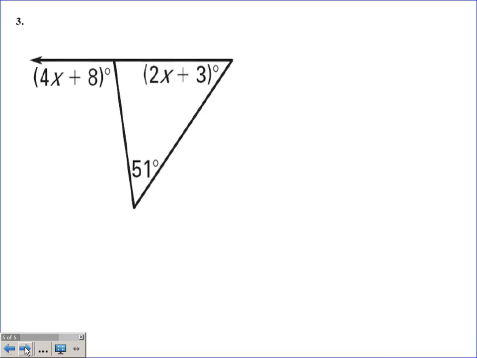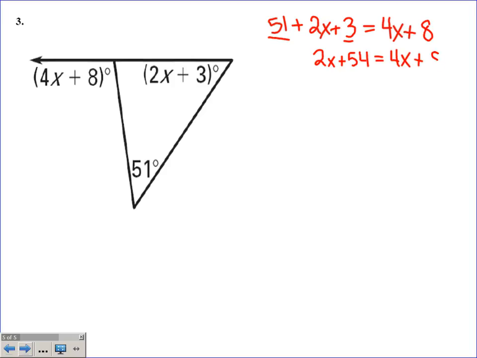Last one. Katie, how do we set this up? Okay. Katie, how do we solve this? We're going to combine like terms first. Okay, and I'm always going to deal with my variables first. So which side has less x's on it? This side. So we're going to get rid of these two. So we'll subtract 2x from both sides.